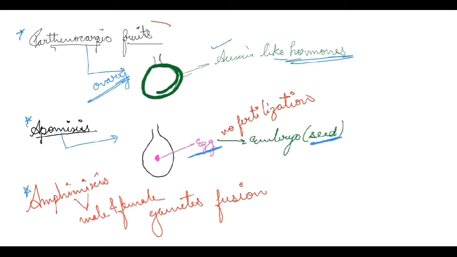Now we have one more classification of fruits, and it is also as easy as what we saw just now. Fruits, according to this criteria, have been divided into three forms: one is simple fruit, another one is aggregate, and the third is composite.